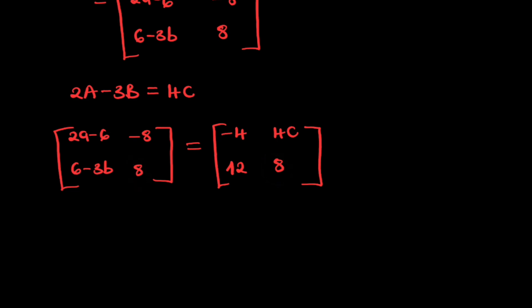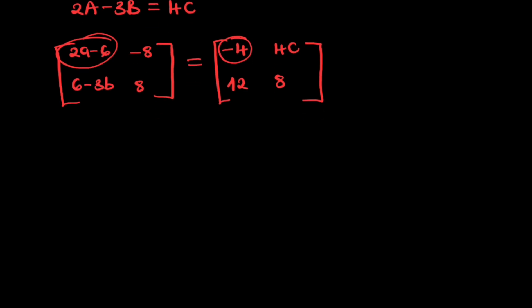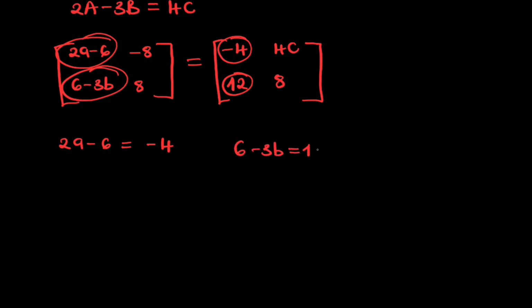Okay, so since we are to find the value of a, b, and c, we can take this equal to this and find a. So it will be 2a minus 6 equal to minus 4. We can also take this equal to this to find b. So it is 6 minus 3b equal to 12. And we can take this equal to this to find c. So minus 8 equal to 4c.